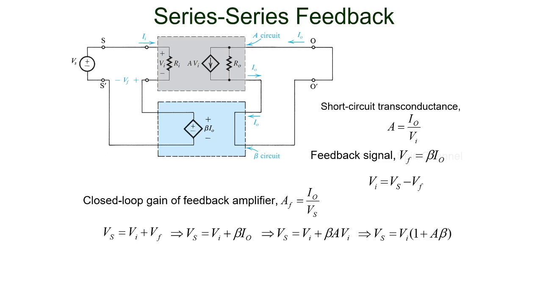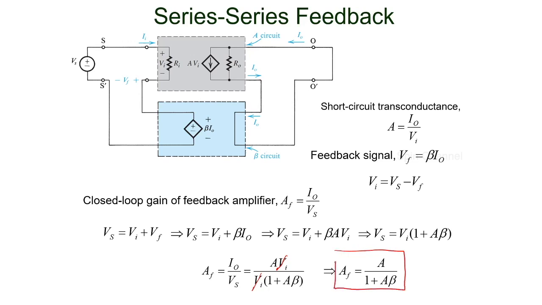On substituting this in the closed loop gain expression and simplifying, we end up with AF equal to A divided by (1 plus A into beta). So the closed loop gain is less than the basic amplifier gain, or the open loop gain A.